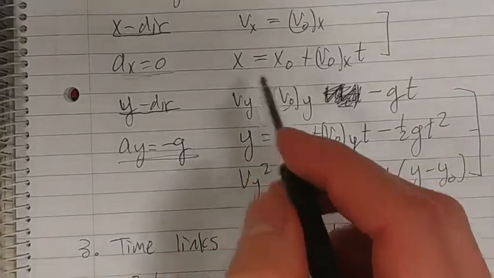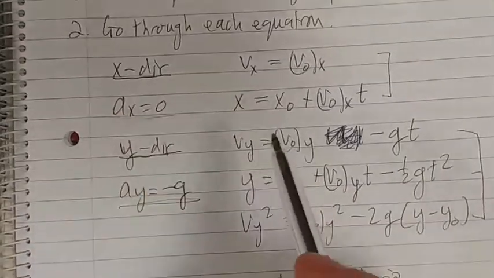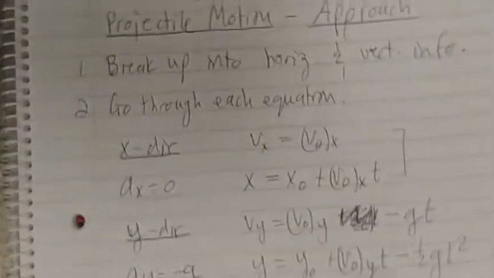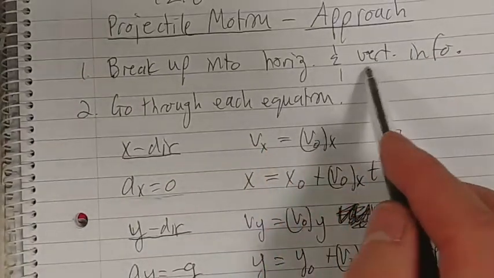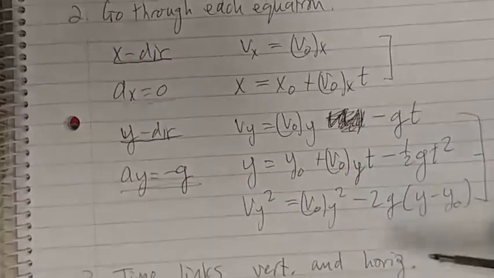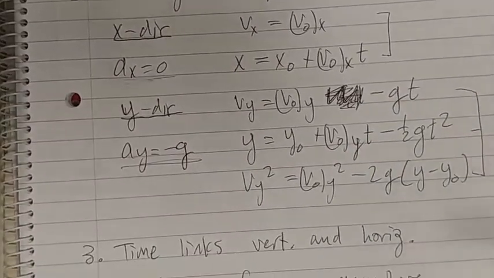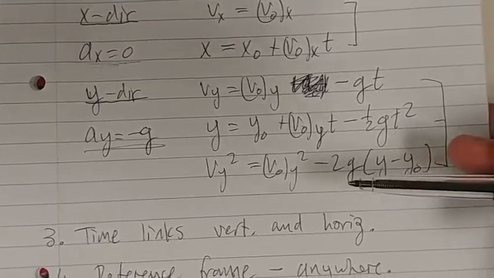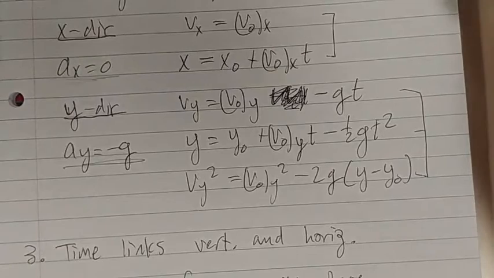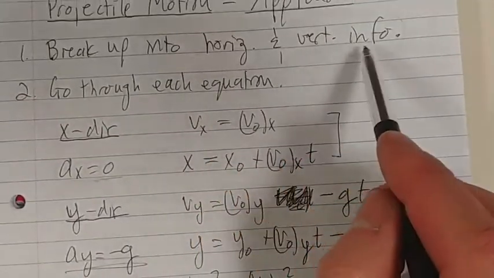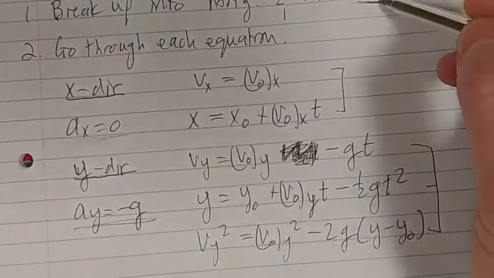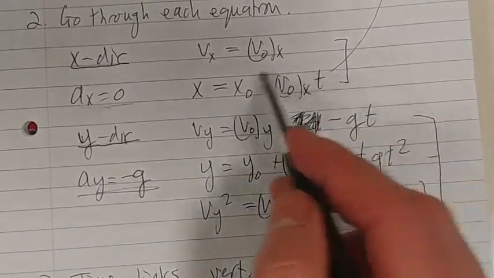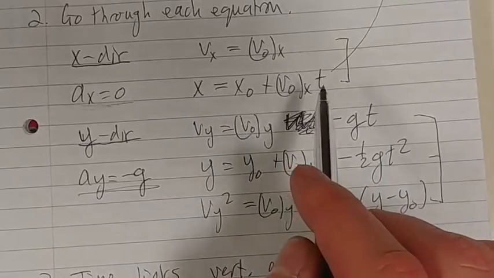Okay, so if you've got a problem and you don't know where to start, there's just so much information. Step one, break it up into its horizontal and vertical info. Then systematically, if you don't know where to go, go through each of these equations and ask yourself, does the information I have apply to an equation, and will that equation lead me further to solve the problem?